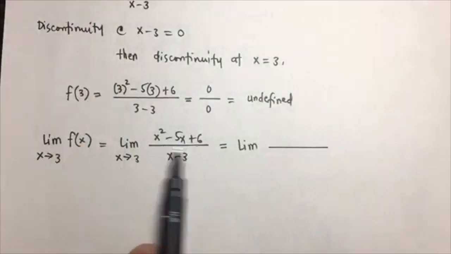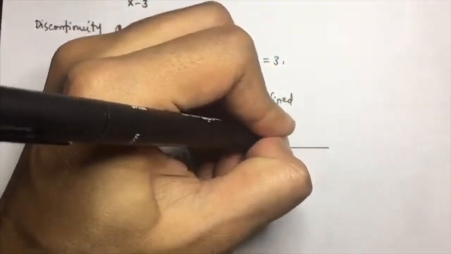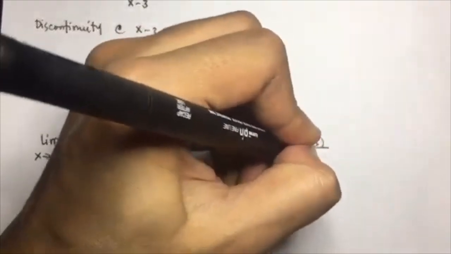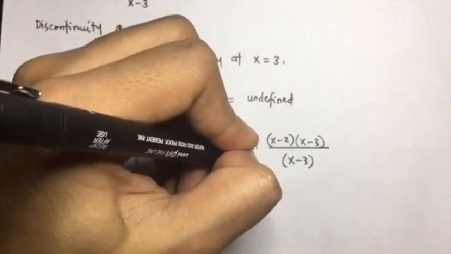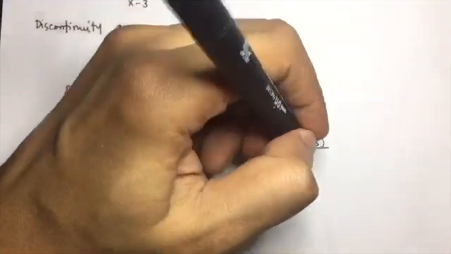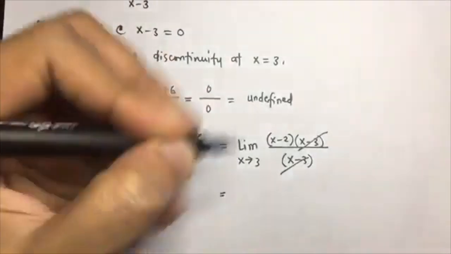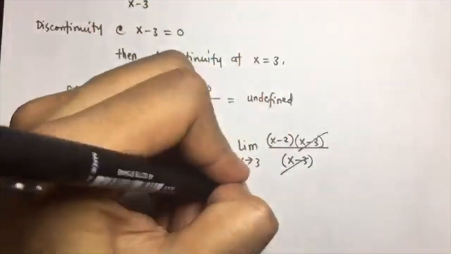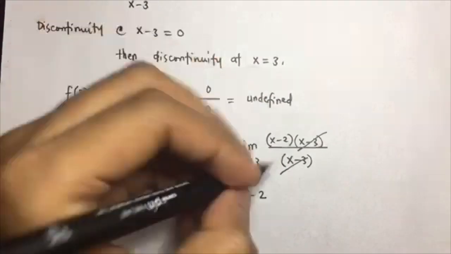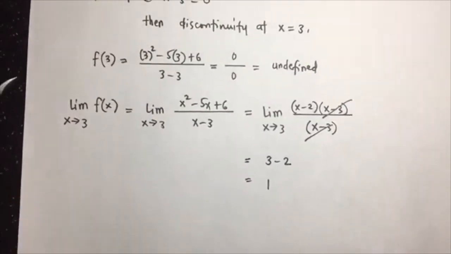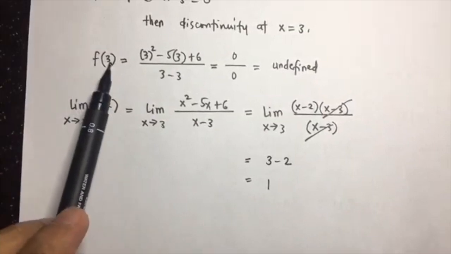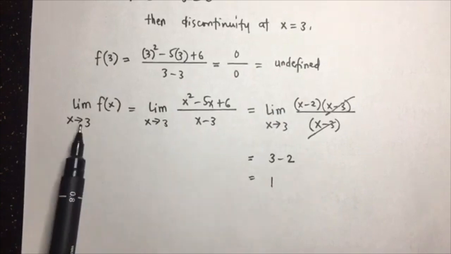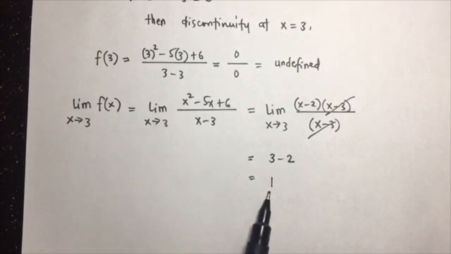We can factor the numerator as x minus 2 and x minus 3, and the denominator is x minus 3, as x approaches 3. So we can cancel out x minus 3, then substituting the limit, it will become 3 minus 2, so this will become 1. Okay, so the value of the function at x is equal to 3 is undefined. However, its limit approaches 1 as x approaches 3.